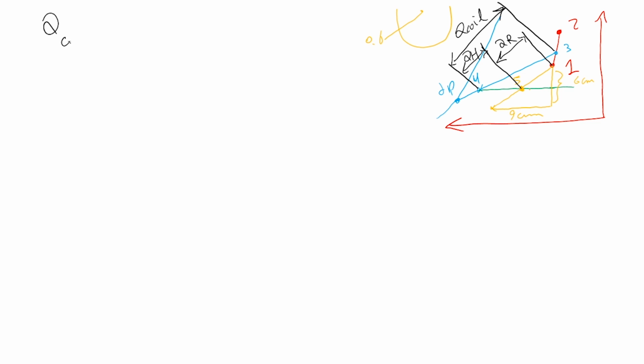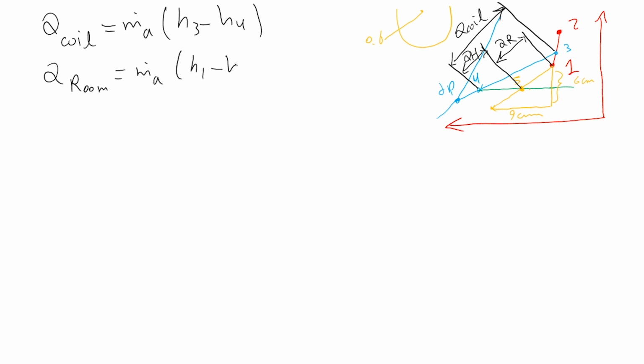So Q coil will be mass flow rate of air, H3 minus H4. Q room is mass flow rate of air, H1 minus H5. Q heater is mass flow rate of air, H5 minus H4. However, we don't know how much the mass flow rate of air.